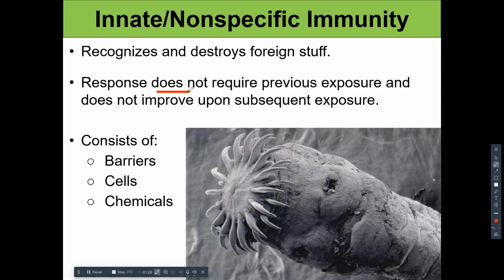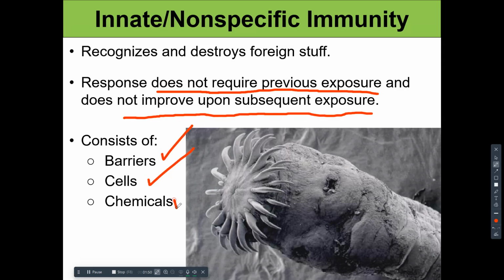So two things it does not do. It doesn't require previous exposure. It does not improve upon subsequent exposure. So all it does is recognize things as being foreign and kill them, or try to kill them at least. And so as we discuss our innate or non-specific immune system, we're going to talk about barriers, cells, and chemicals.